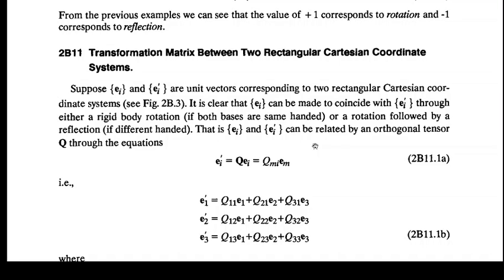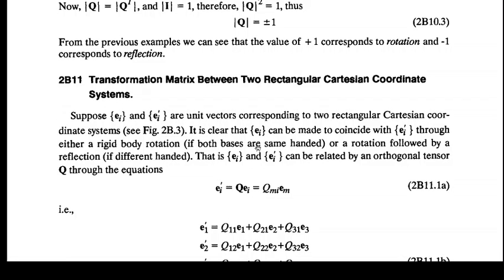It is clear that we can make e_i coincide with e_i dash through either a rigid body rotation if both bases are same-handed, or a rotation followed by a reflection.